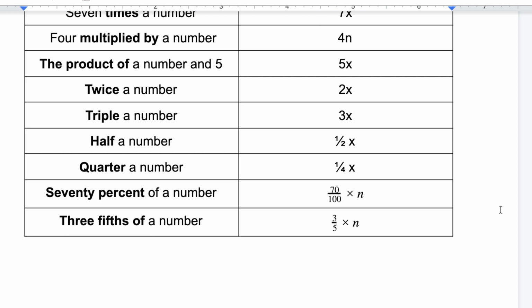Always the word off, or the preposition of in English, in math it's multiplication. Like when I say 70% of something, that means I have to multiply this number by 70 over 100. Now fractions. 3/5 a number, so 3 over 5x, or 3 over 5 times n.